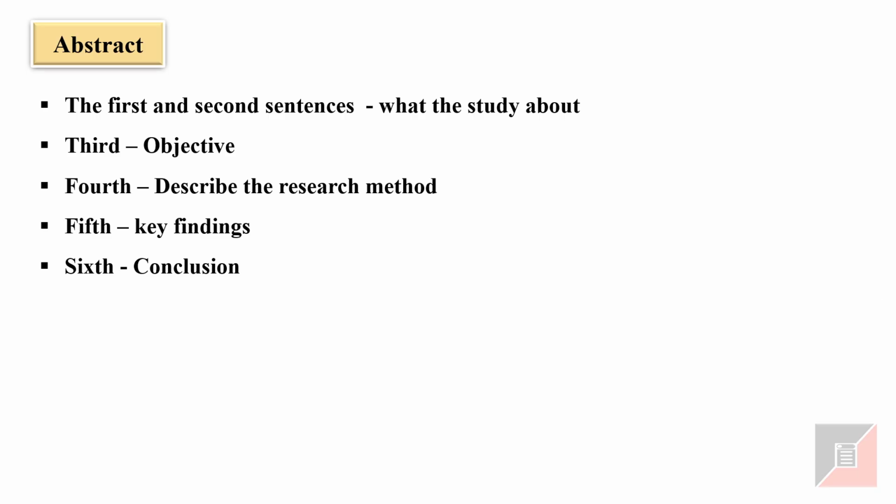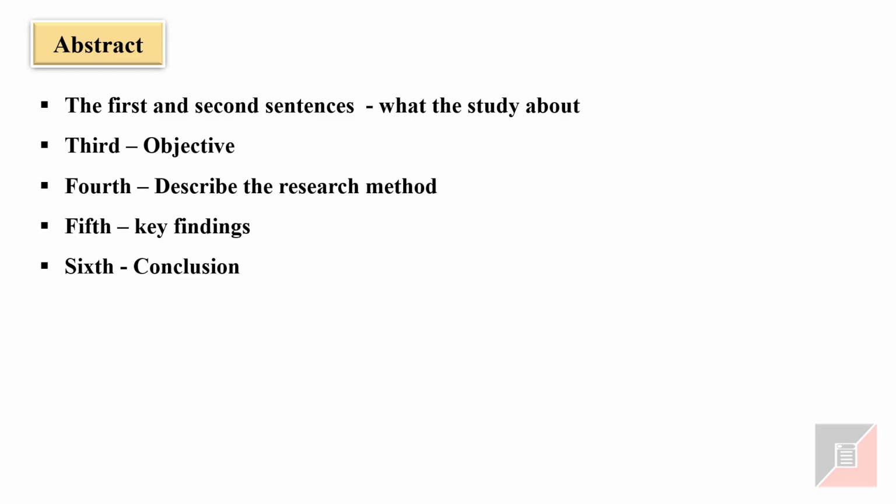In the fifth sentence, using the objective and the methodology, state the key findings. The findings, results, or values you add in the key findings must be there in the body of the article.